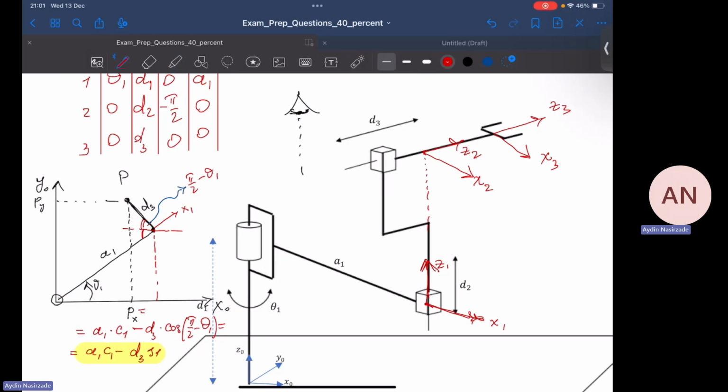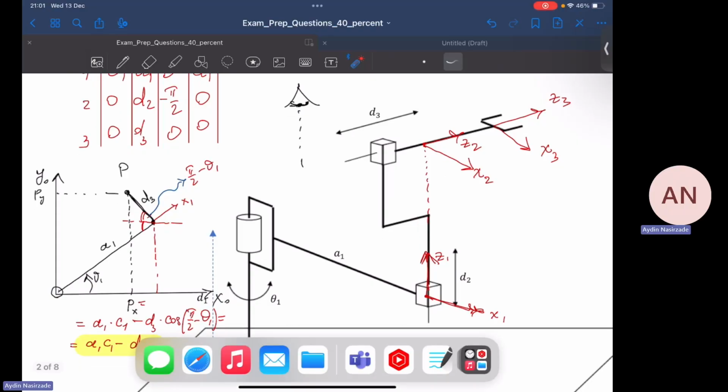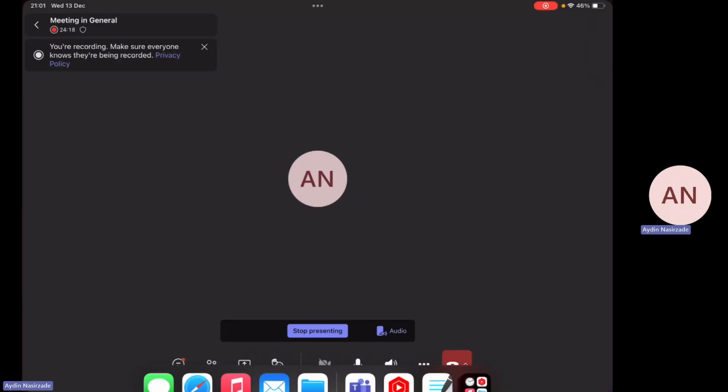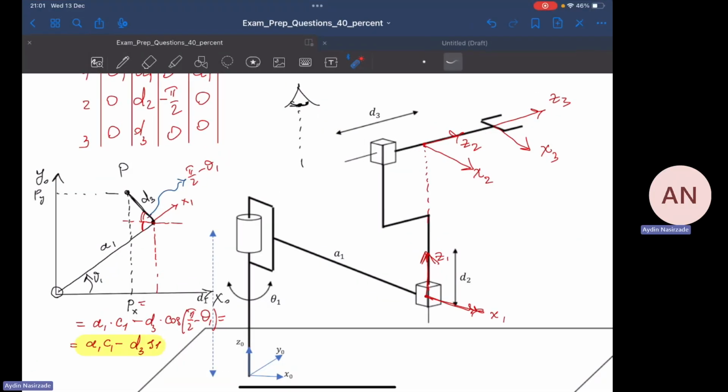Let's try to find the Py component now. Py is this length plus this length. I'm talking about this one. This distance is a1 times sine of theta 1.